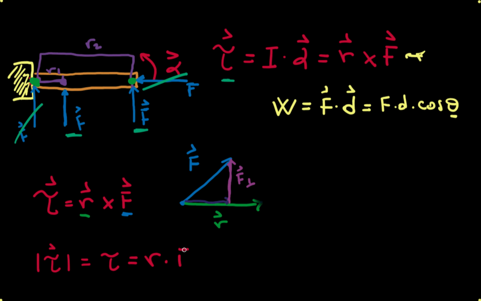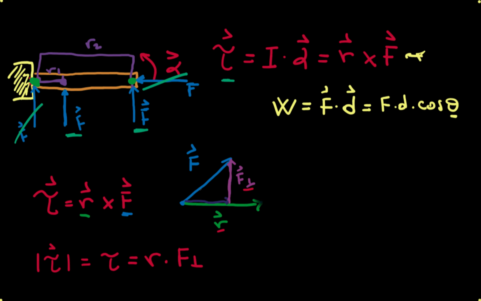So this is this F perpendicular, which means it's whatever the perpendicular component of the F vector is. Meaning you take the direction of r, which is the direction from the point of rotation to where you're applying the force. Then you compare it to the F vector, whatever component of the F vector that's perfectly perpendicular to the direction of r, that's why you multiply. So you're multiplying this with this.